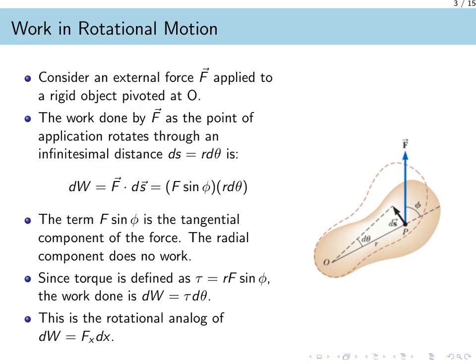By rearranging the terms, we get the quantity r F sin φ, all multiplied by dθ. We recognize the expression in the parentheses as the definition of torque, which we call τ. Therefore, the work done during a small rotation is simply the torque multiplied by the angular displacement.